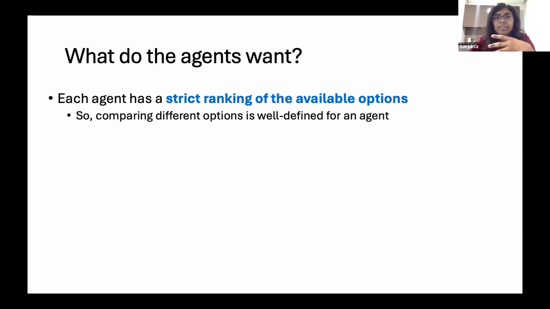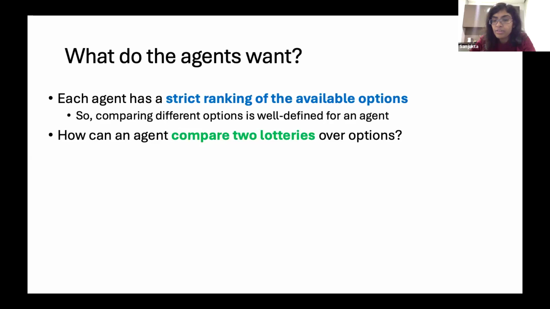In a deterministic setup, if the agents have a strict ranking over the available options, they know how to compare two outcomes just based on their ranking. It is well defined. How does an agent compare things in a randomized setup?